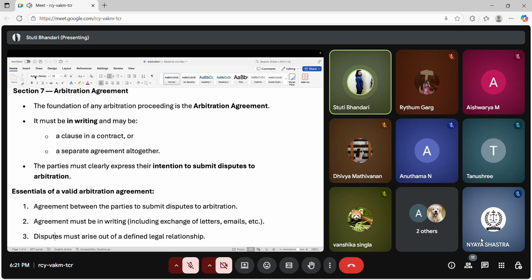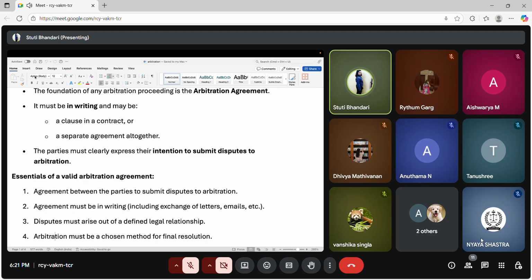First is very simple. There should be an intention of the parties to submit their dispute to arbitration. It should be in writing. And again, the relationship, for example the deed or the contract which we are disputing, should be a legal relationship. Any agreement or contract for illegal objects is not considered arbitrable.